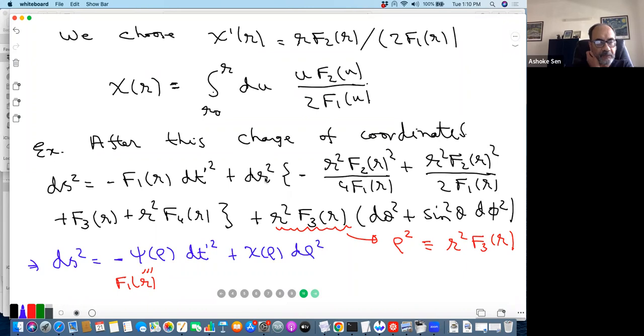So what is chi of rho? You just rewrite r in terms of rho using this. Whatever you get as the coefficient of d rho square, when expressed as a function of rho, I'm going to call it xi of rho. Unfortunately, chi has appeared once before, so let me call this xi.